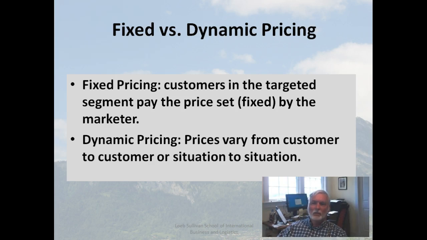So there's a very big incentive for hotels and airlines and other people who have services that disappear with time to negotiate price or have dynamic pricing. So airlines have very sophisticated dynamic pricing. It's very unlikely that the person sitting next to you in an airplane seat paid the same price for their seat that you paid for yours.